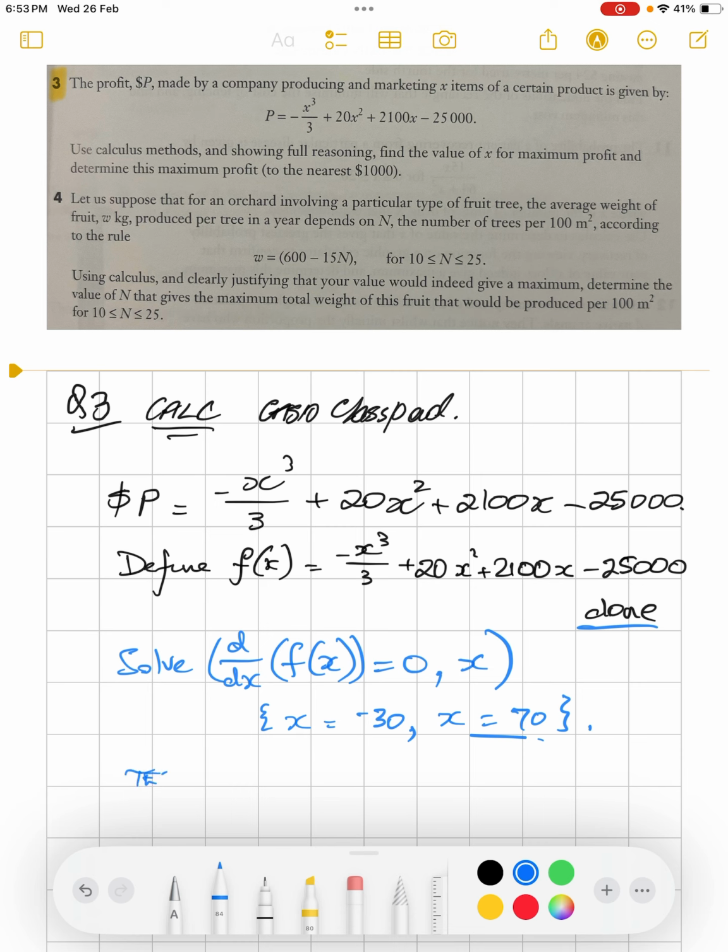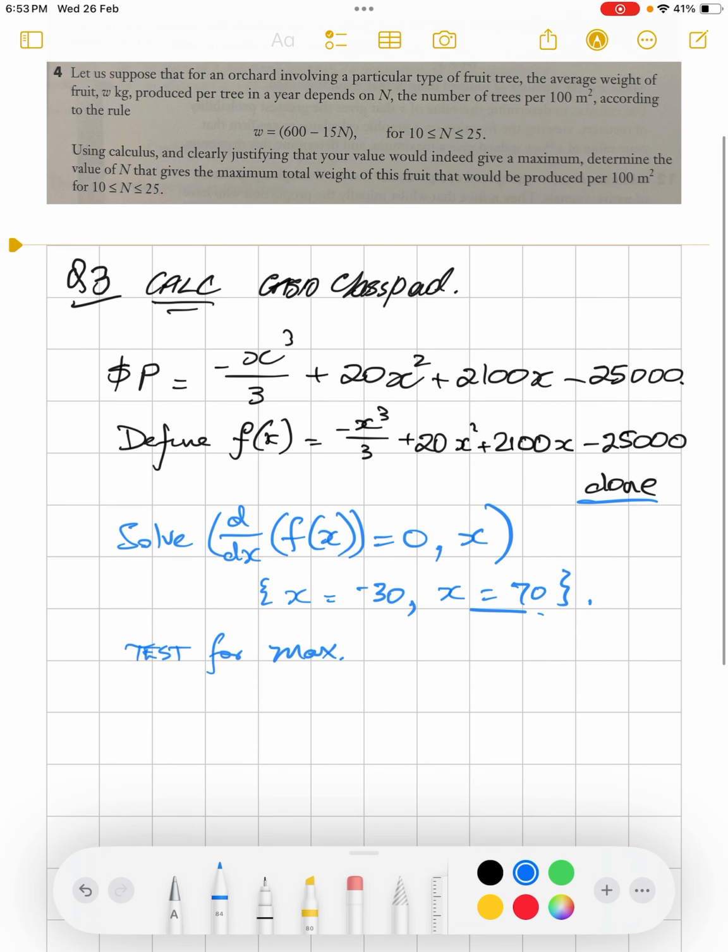And we need to test that for a maximum, and so we'll put that into the second derivative. Now, we could have done this without a calculator, but since we've got a calculator, we can get d2/dx squared of our function of x, and just hit enter, and the calculator will tell us that the second derivative is negative 2x plus 40.